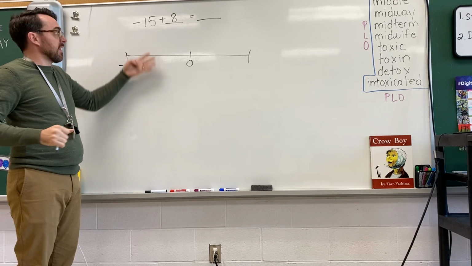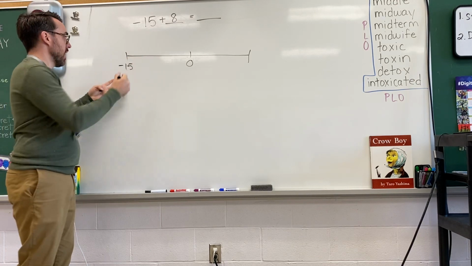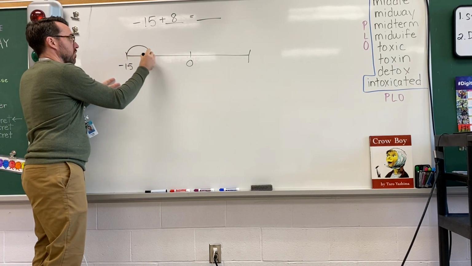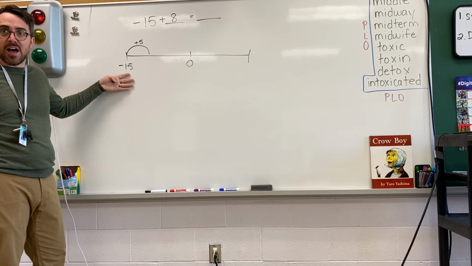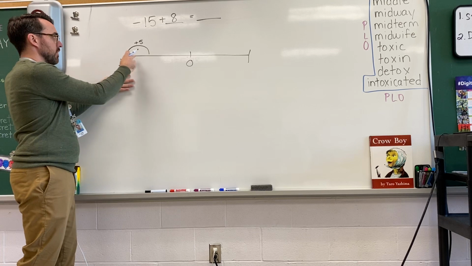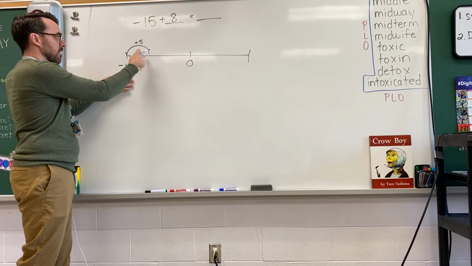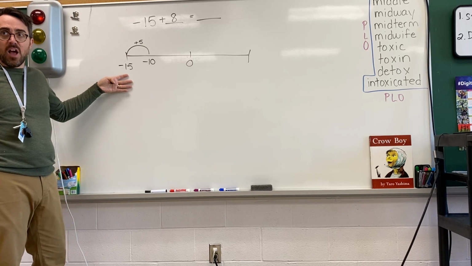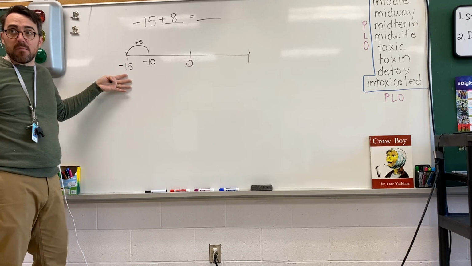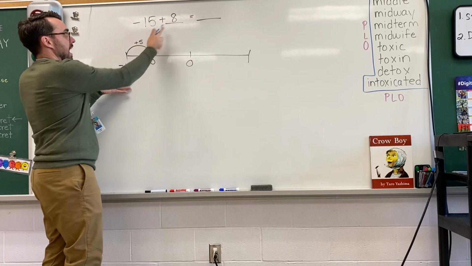So I'm going to start taking some jumps here. Okay? I might jump by 5. Okay? Negative 15 plus 5. Negative 14, 13, 12, 11, 10. I'm at negative 10. Okay? I'm just counting. I'm still in negative. So I have 8 to add.